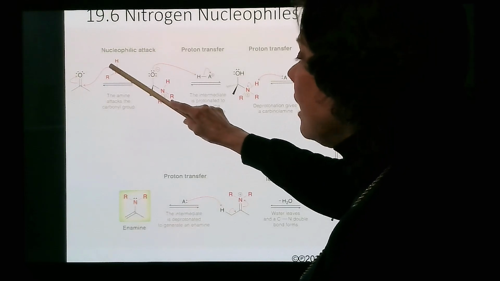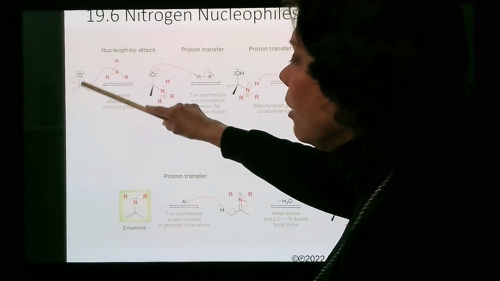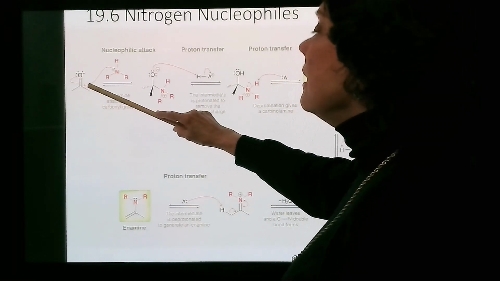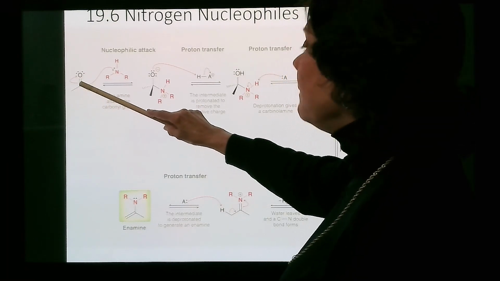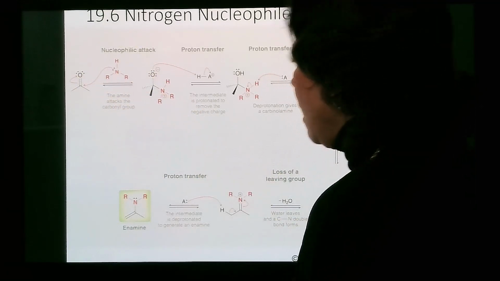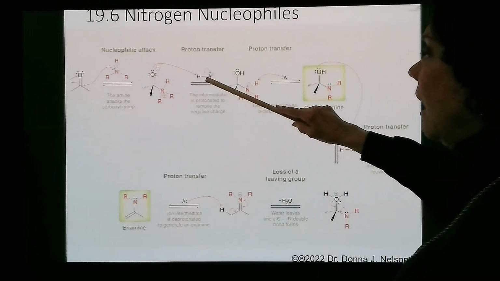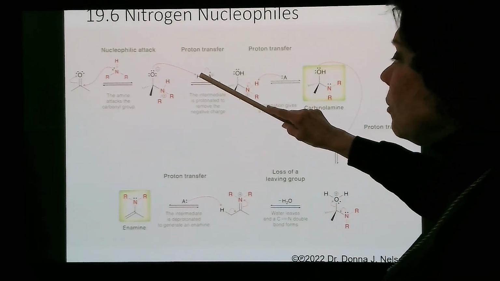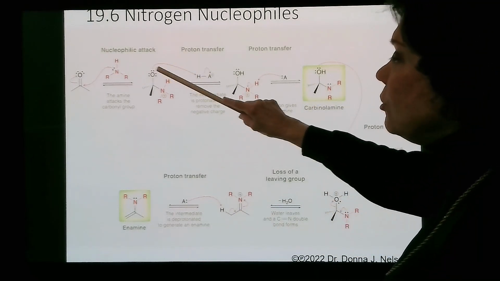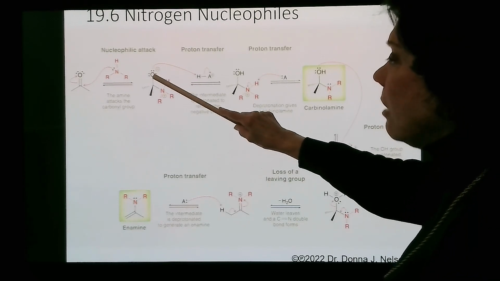A lone pair on nitrogen comes down, occupies the antibonding orbital of the carbon-oxygen pi bond, facilitates cleavage of that pi bond. The pair of electrons in the pi bond moves out onto oxygen. Then the ammonium ion donates a proton to neutralize the negative charge on oxygen.